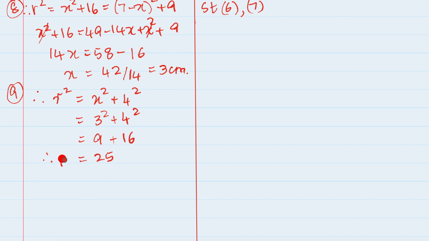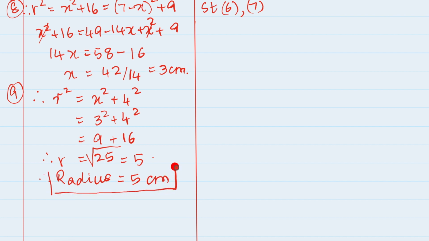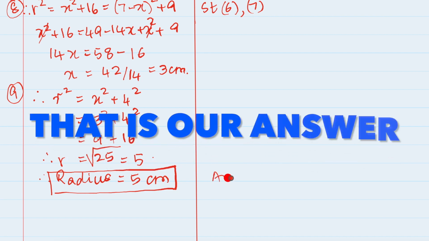So, therefore r will be equal to root of this, which is going to be plus or minus 5, but can we take minus 5 as the radius? No. So we will write it as 5 and then we'll write the answer statement. Therefore radius is equal to 5 centimeter. And this is our answer. So we finished with question number 4.